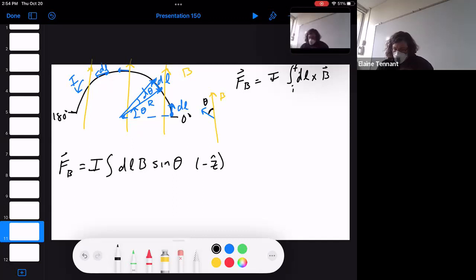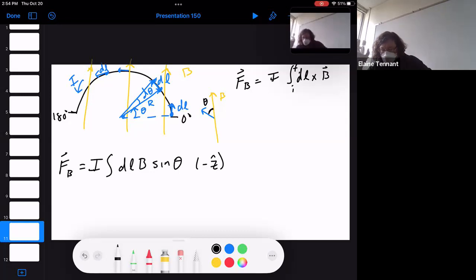Okay, so I'm integrating all my dl's times my magnetic field times the sine of the angle between them. Now the magnitude of dl and the magnitude of my magnetic field are going to be constant, so they're not going to be doing anything that big.